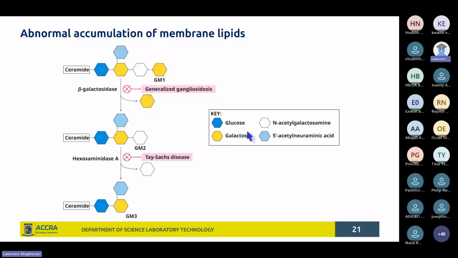These are residues within the oligosaccharide on the ceramide.